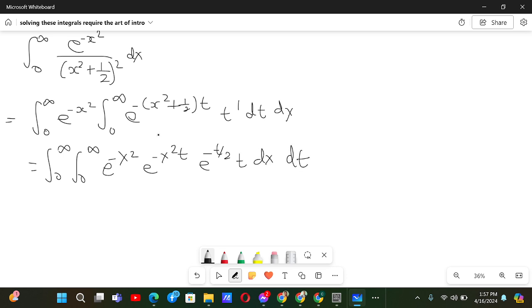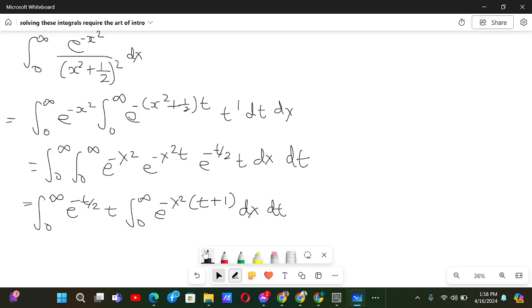Now we can take the constant outside the integral, 0 to infinity. Basically e to the power minus t by 2 and t are the constants. Over here also we have the integral from 0 to infinity of e to the power minus x square (t plus 1) and then dx dt. What can we do next?